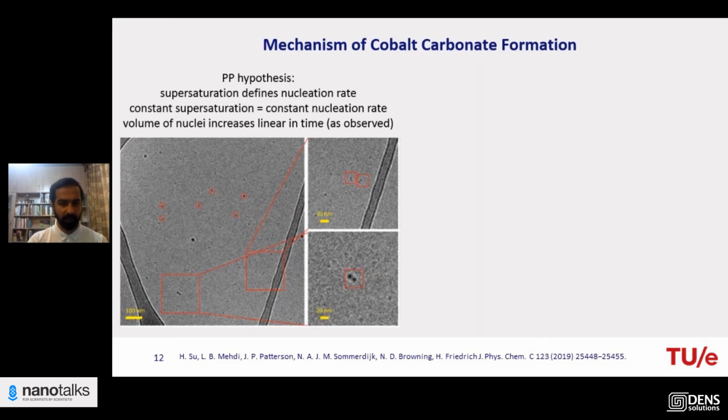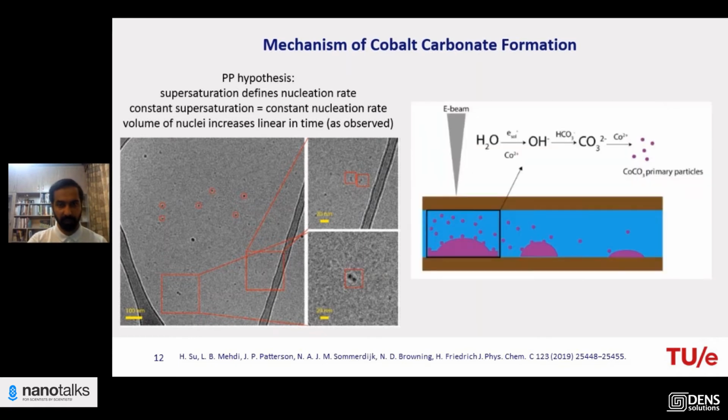And then cryo-TEM helps us to see the nuclei in a sample before starting the precipitation, which confirms our hypothesis that the cobalt carbonate particles are coming from precipitation of cobalt carbonate primary particles, which is a colloidal assembly process.